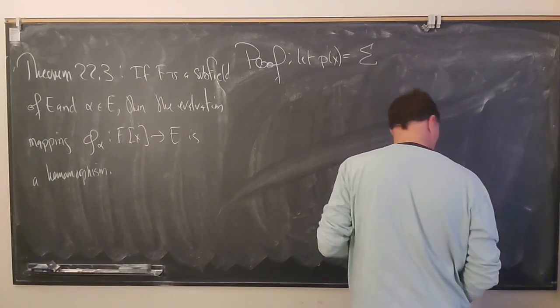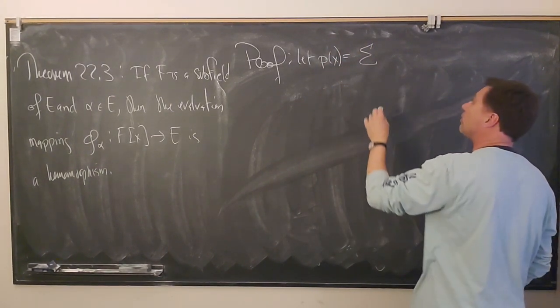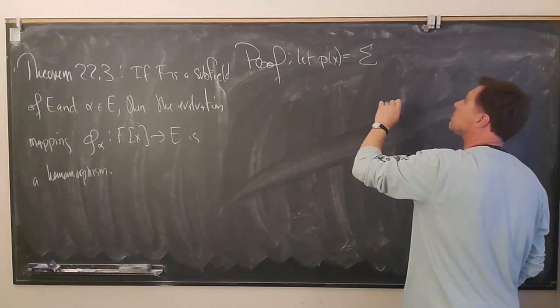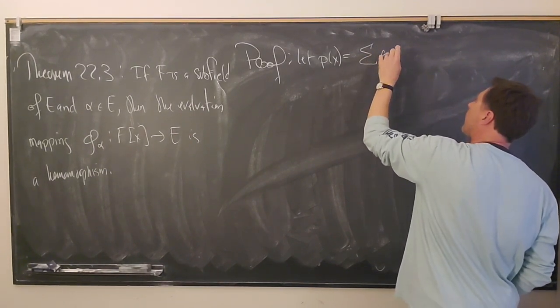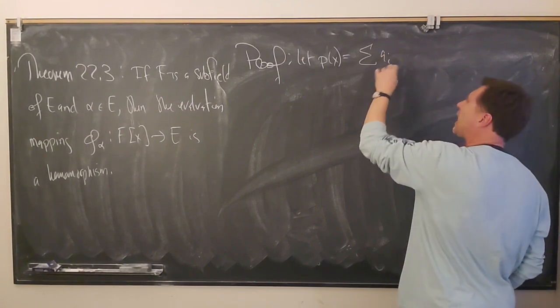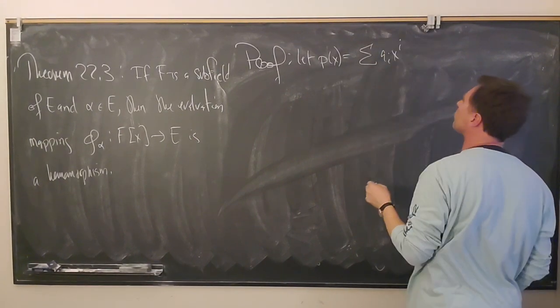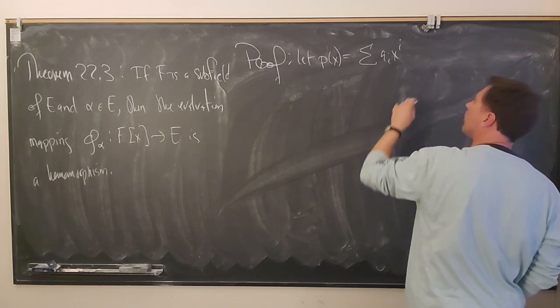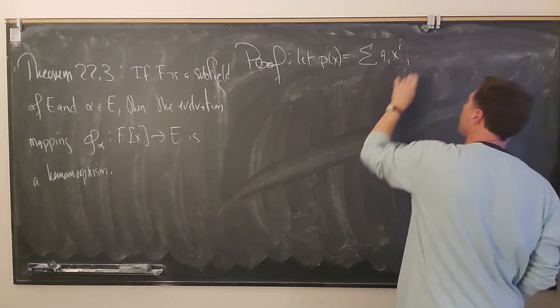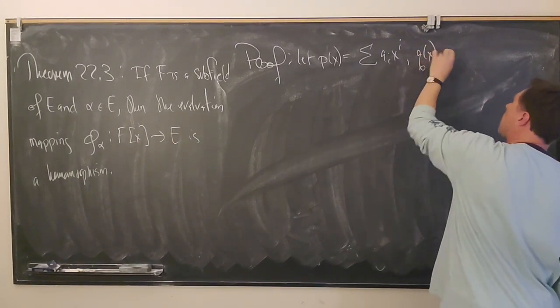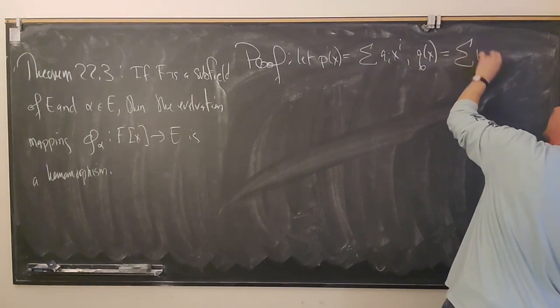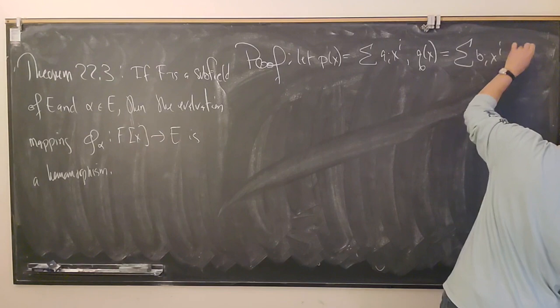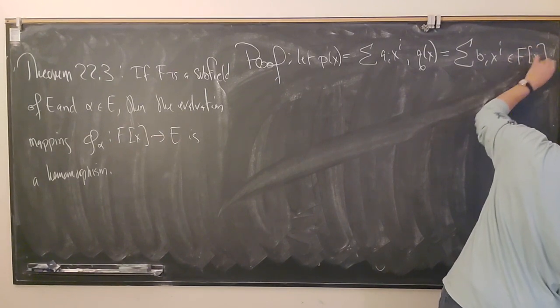It's going to be the polynomial with alpha for the coefficients, sum a_i x to the i, and q of x equal to sum b_i x to the i, polynomials in F bracket x.